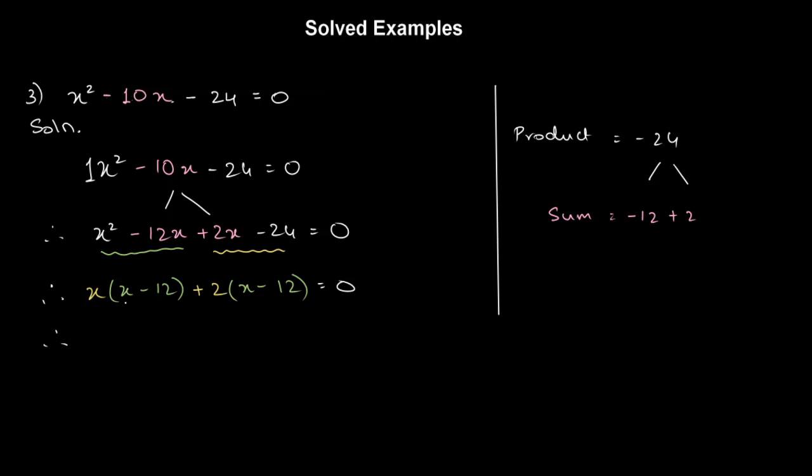Now continuing, there's an x minus 12 here and an x minus 12 here as well, so we can take that common. So we have x minus 12 common, and we'll be left with x plus 2, and all of this is equal to 0.